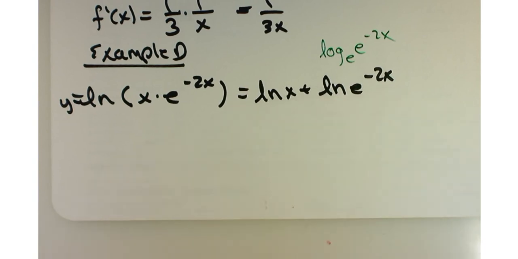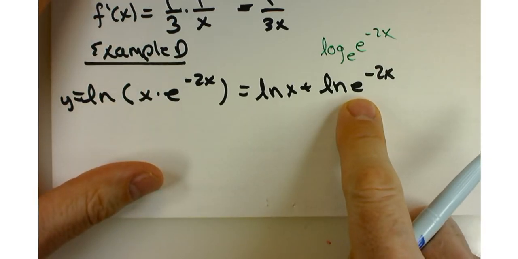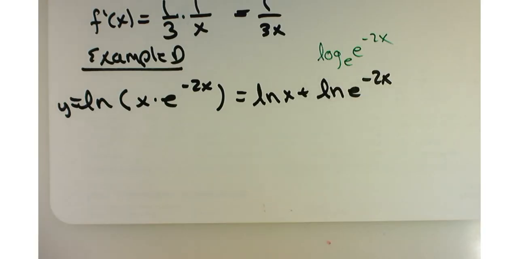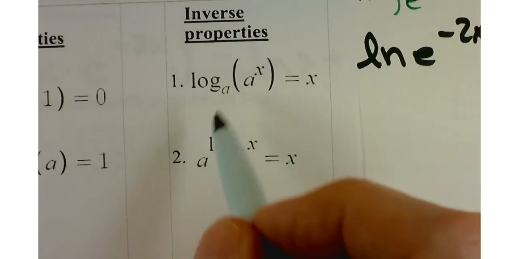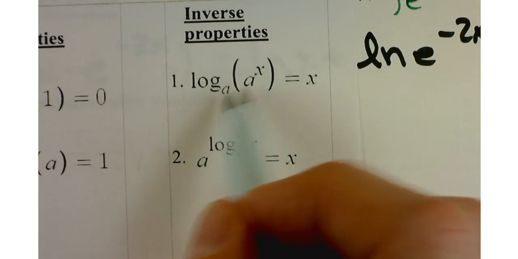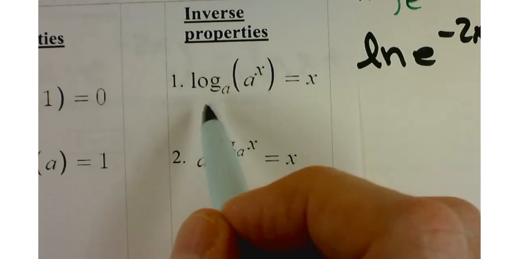There's some nice simplification with this second term. How's that going to simplify? You can simplify the natural log and e because it's to the base of e. Right. So really what we're doing here is we're using our inverse properties. If you have the log of something to a power and the base of the log and the base of the exponential function match, then these are inverse functions.